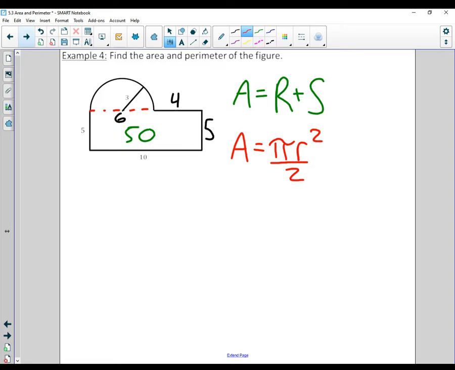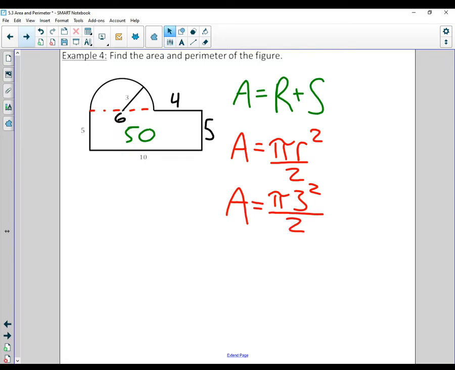Oh, and we know what the radius is. Pi times the radius, which is 3 squared, all over 2. Punch it in your calculator. You have a pi button, or you could use 3.14.